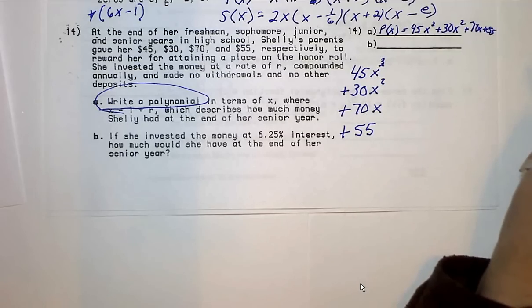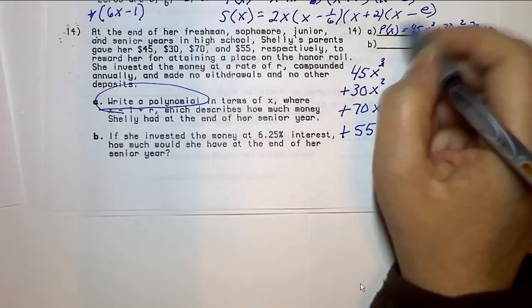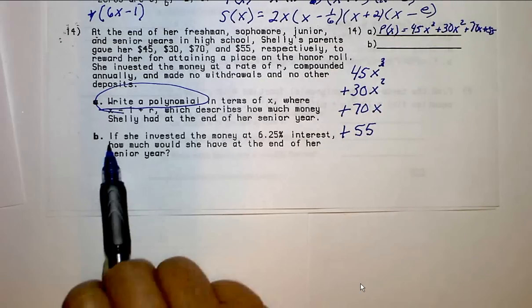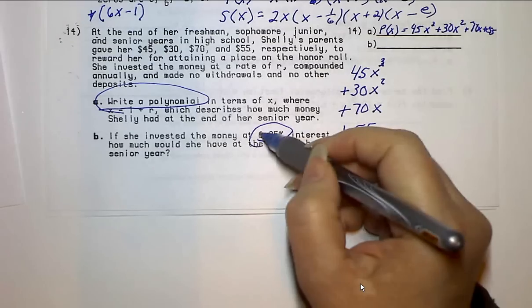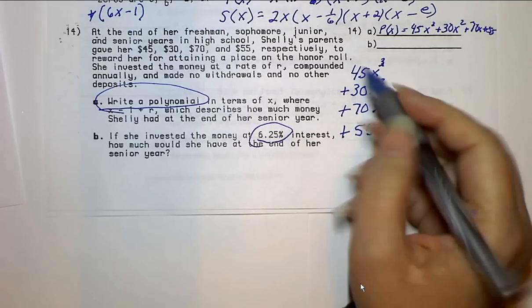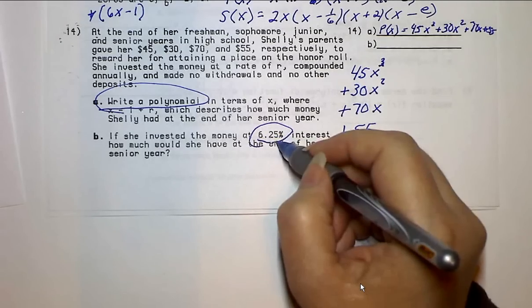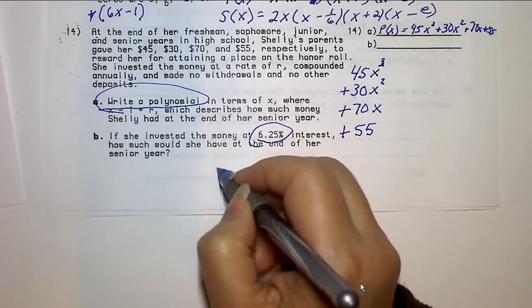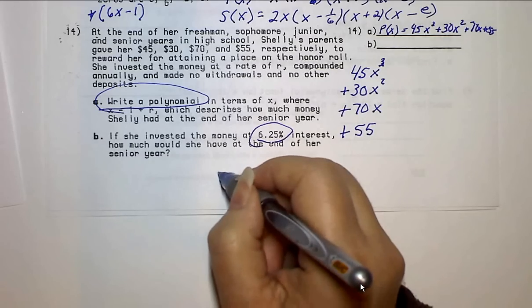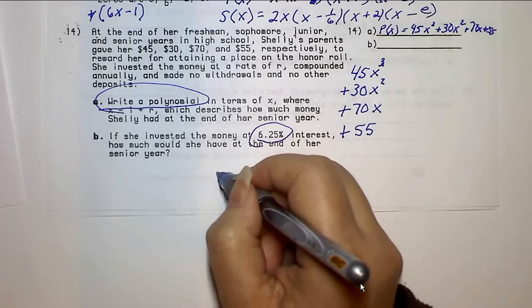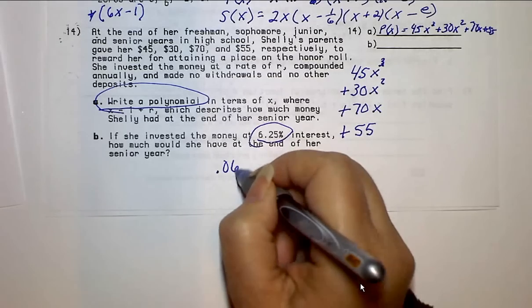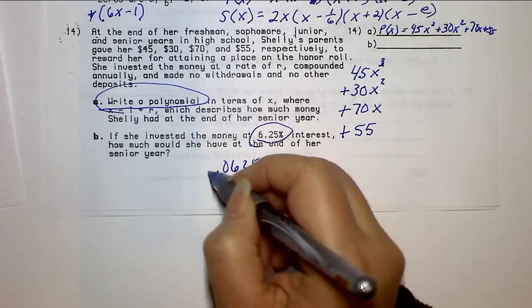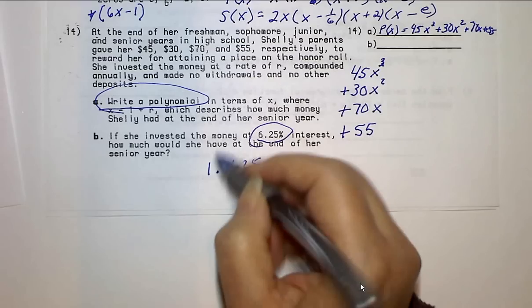And then it says now she knows the interest rate. The interest rate is 6.25. How do you write that as a percent or as a decimal? 0.0625. And you have to have the 1 in front of it because you're going to be multiplying it and you're getting the whole thing.